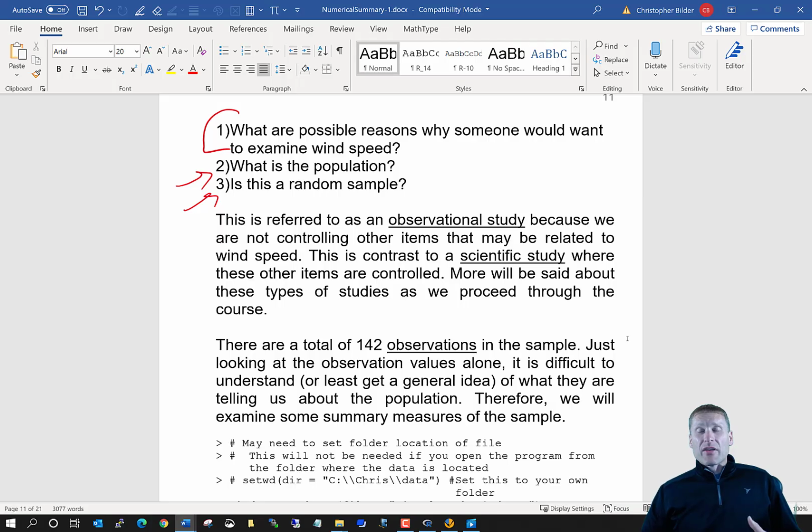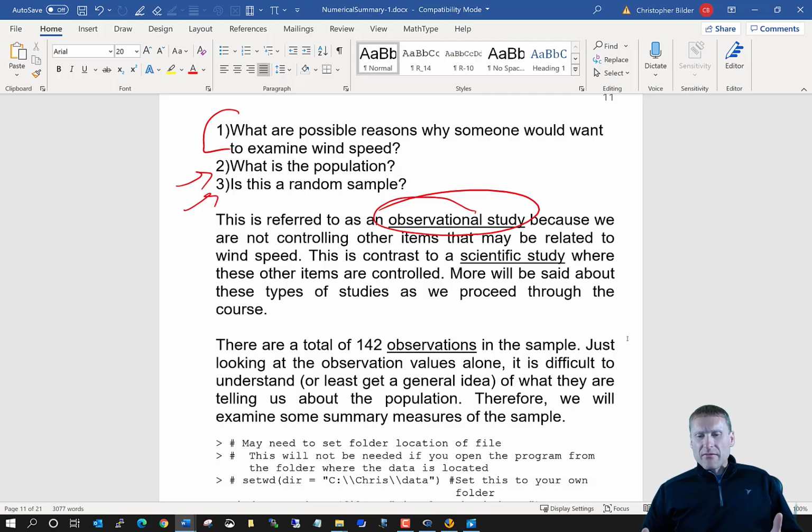So with any kind of inferences that we want to make from the sample to the population, you've got to be careful. What you're basically saying is that these 5 years are truly representative of what will be happening in the future. And overall, what we see here is an observational study, because we are not necessarily controlling other items that may be related to wind speed.